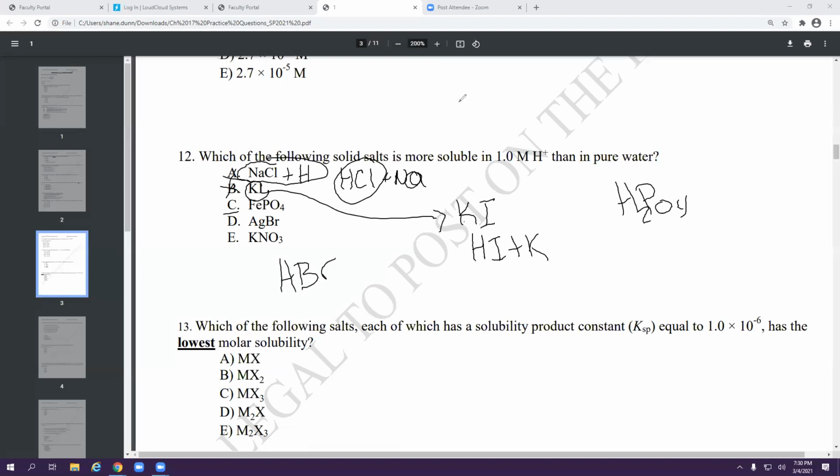HBr for D. HNO3. C is the only answer because it makes a weak acid. That's why it's more soluble in an acid solution than in pure water, because it will form a weak acid, which itself is pretty soluble.